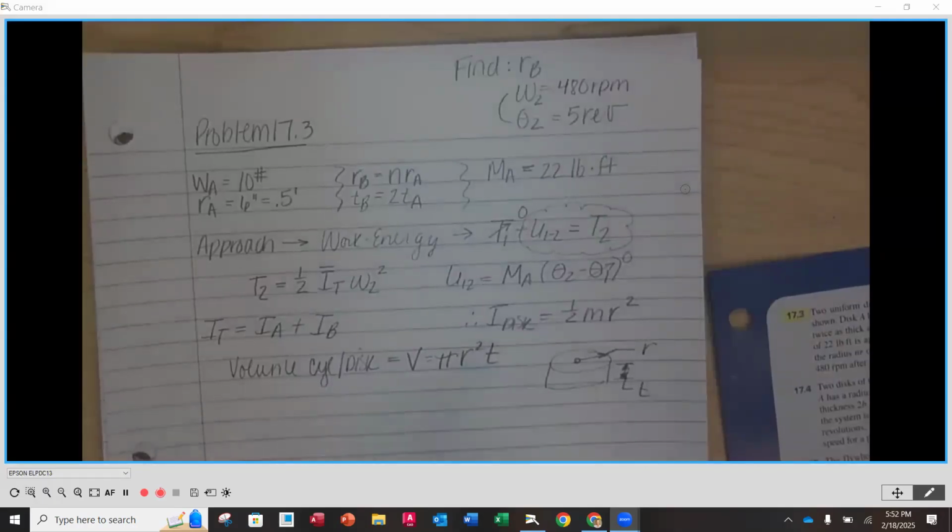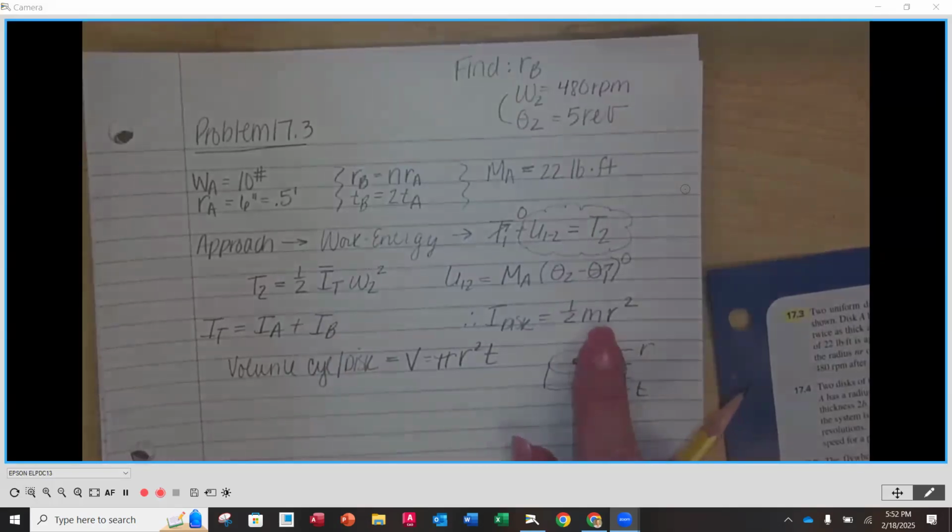Now, we also know that we are going to need the mass of each one of our disks, okay? Now, the mass is going to be a function of how much matter is there, and it's going to be driven by the volume of each one of these disks.